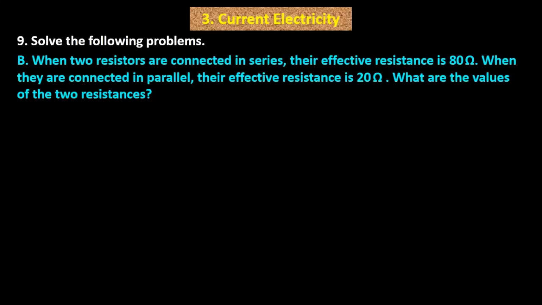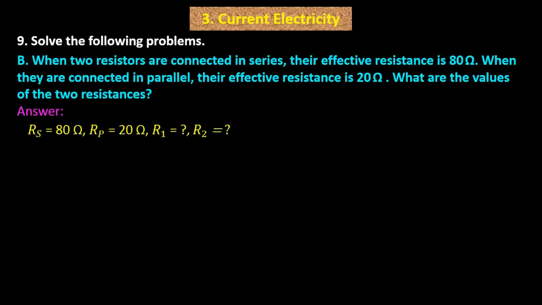B. When two resistors are connected in series, their effective resistance is 80 ohm. When they are connected in parallel, their effective resistance is 20 ohm. What are the values of the two resistances? Answer: RS means resistance in series is equal to 80 ohm.